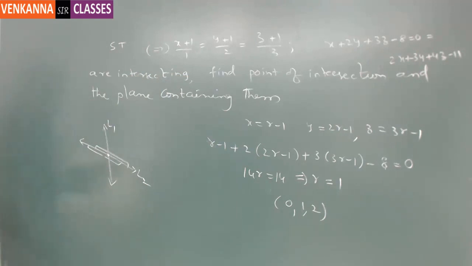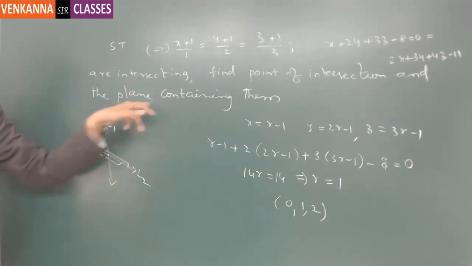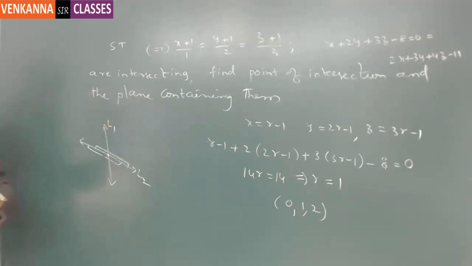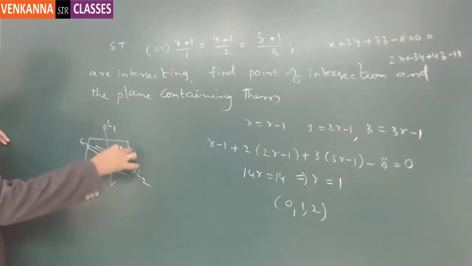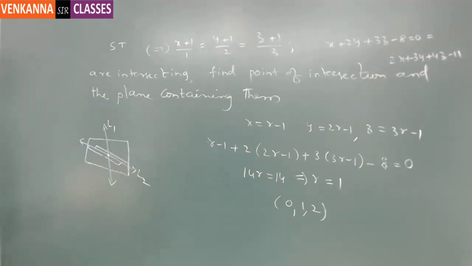The second part is we have to calculate the plane which is containing them. So let us visualize this. You are going to have the plane equation containing the two lines. Now, how to evaluate this?